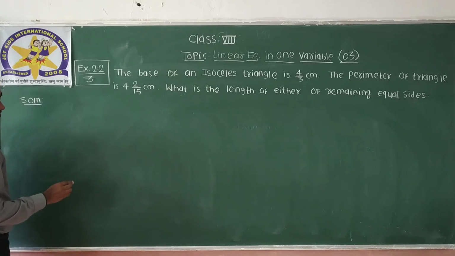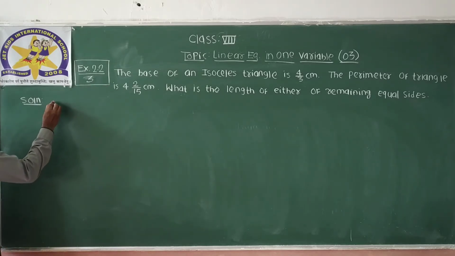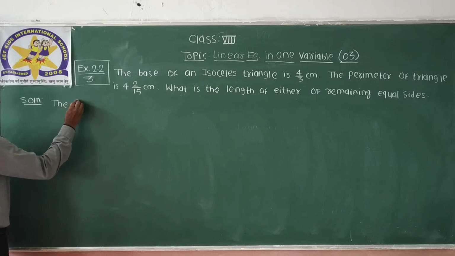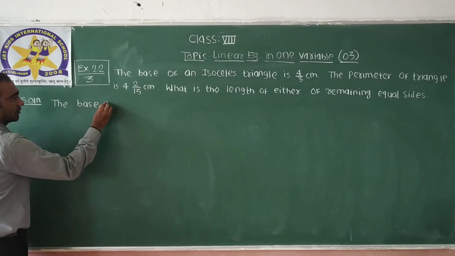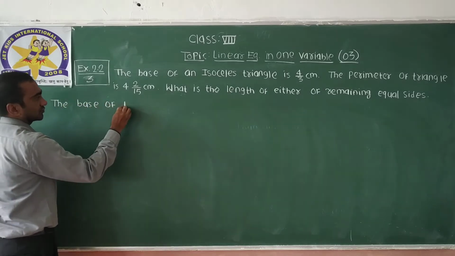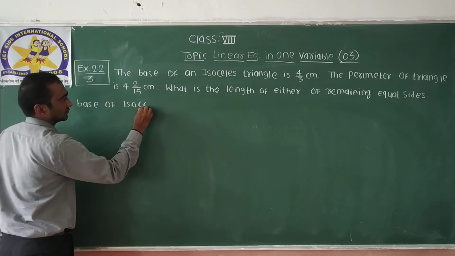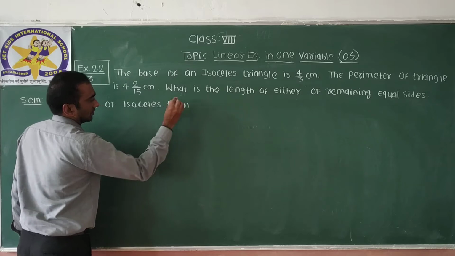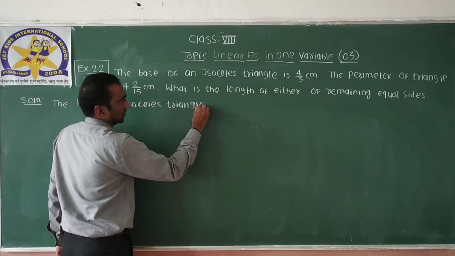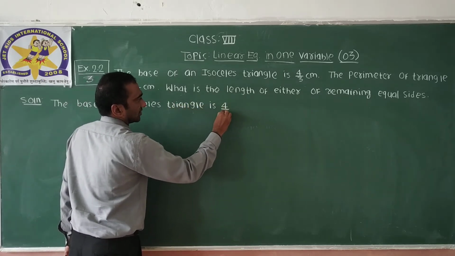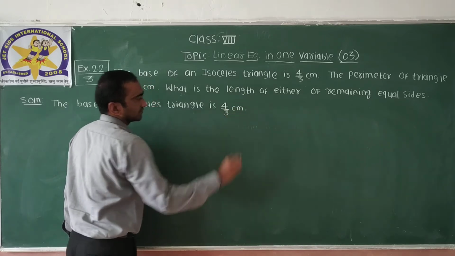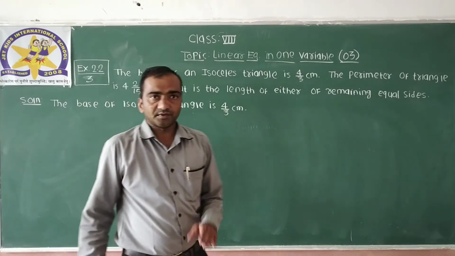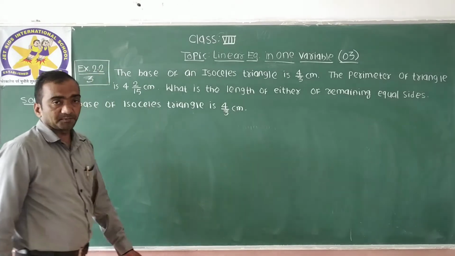The base of the isosceles triangle is 4 by 3 centimeter. From the sentence we make a statement.